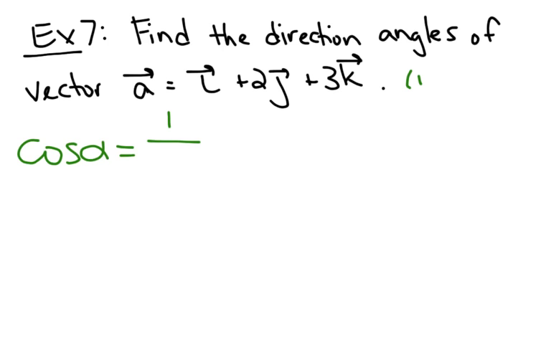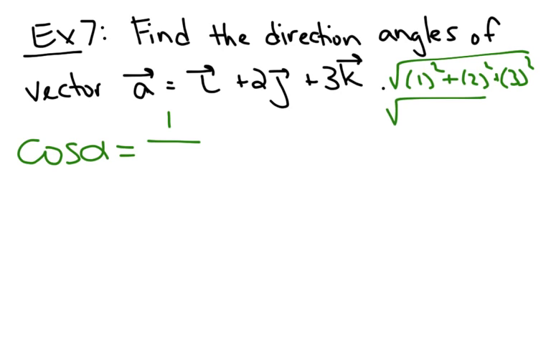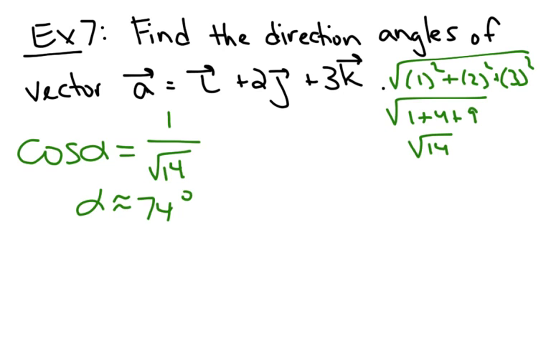So the magnitude is the square root of 1 squared plus 2 squared plus 3 squared, which is the square root of 1 plus 4 plus 9, the square root of 14. In order to find alpha, you have to take the inverse cosine of 1 over the square root of 14. And you should get approximately 74 degrees.